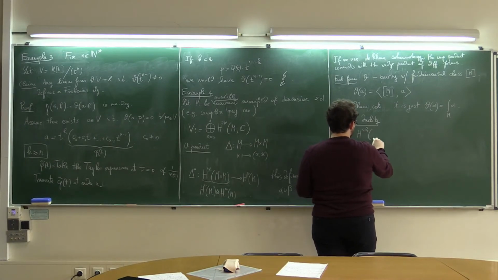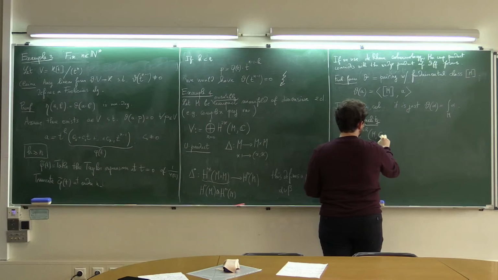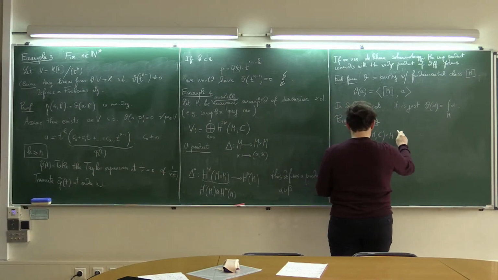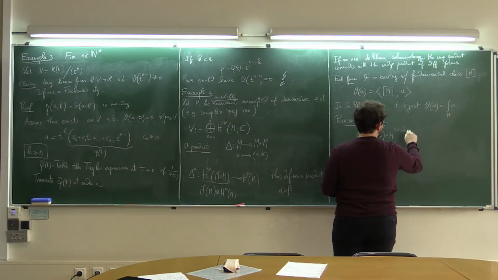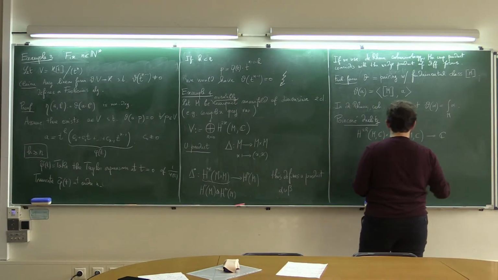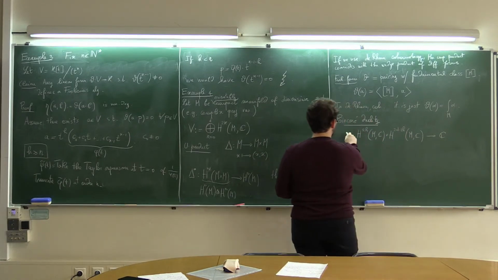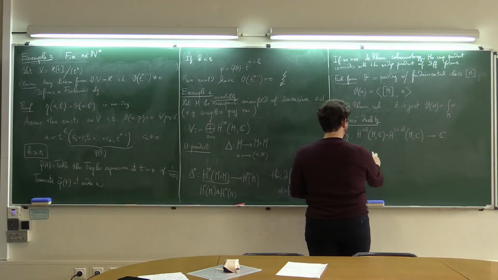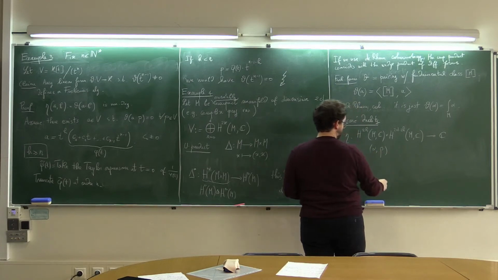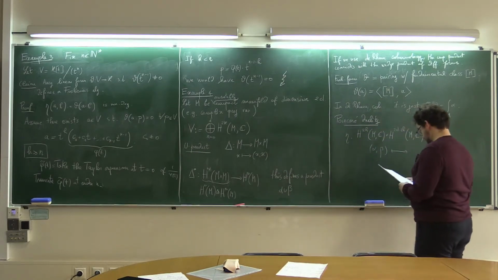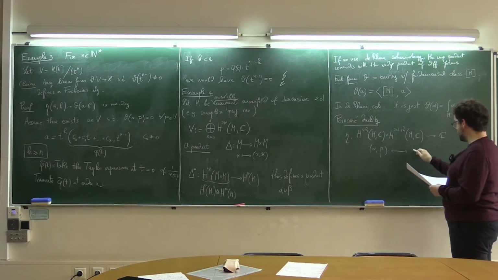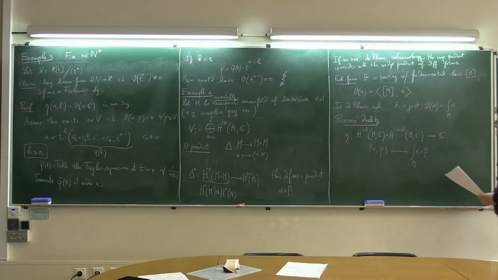We have a perfect pairing of alpha, beta, if we realize cohomology as de Rham cohomology. Poincaré duality asserts that such a pairing is non-degenerate.